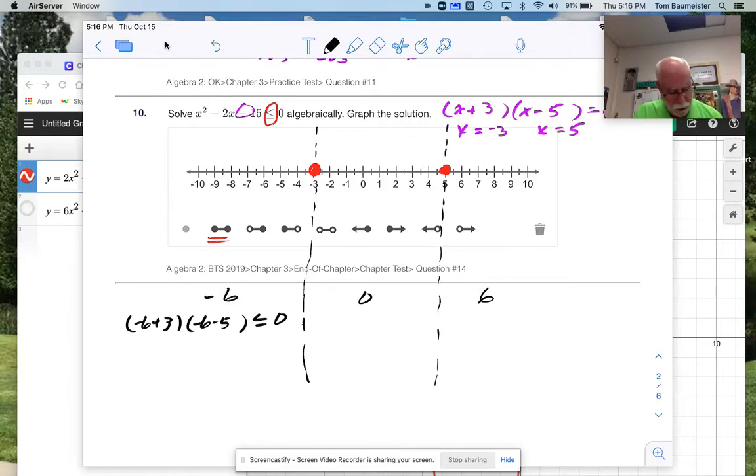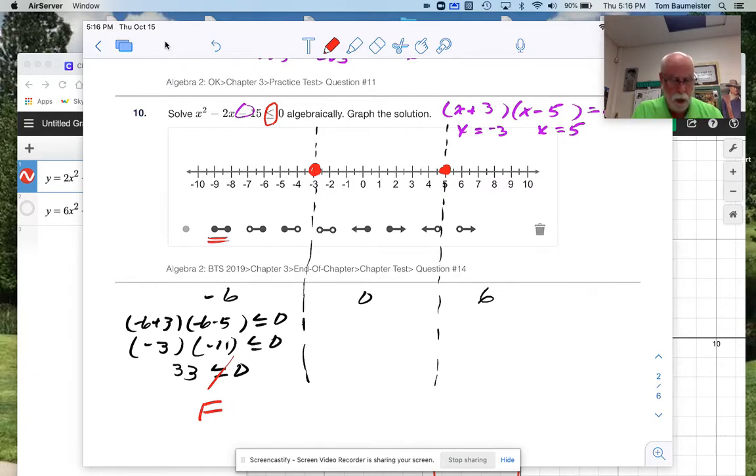Well, negative 6 plus 3 is negative 3, and negative 6 minus 5 is negative 11. Is that less than or equal to 0? We get 33 is less than or equal to 0. That is not a true statement, so that one is false.